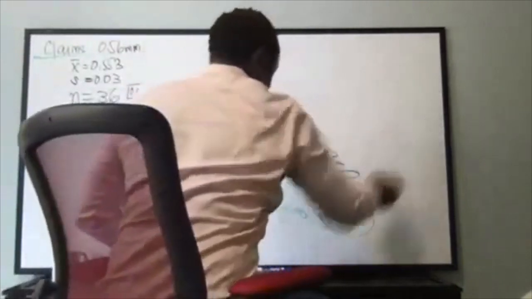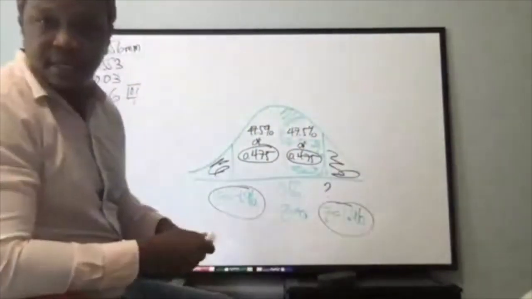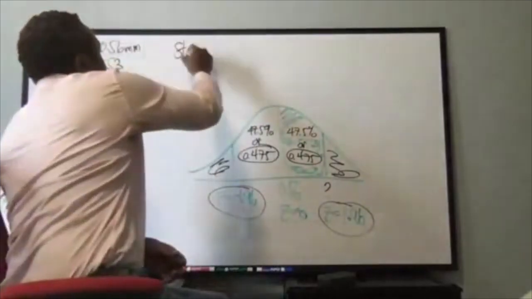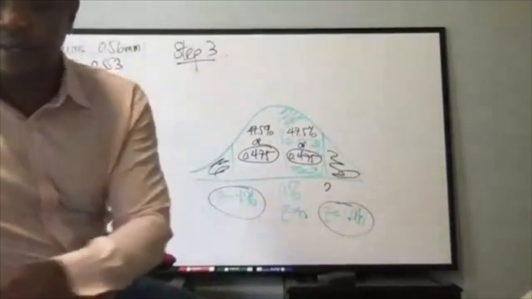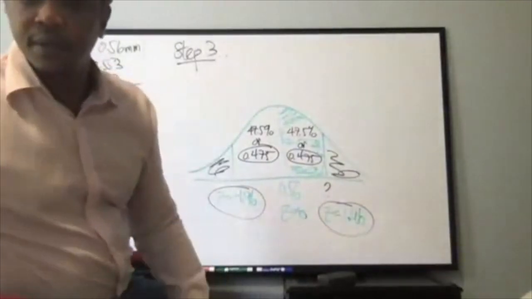All right, final step, and we can go get some lunch. Step 3. Where are we? Accept or reject.